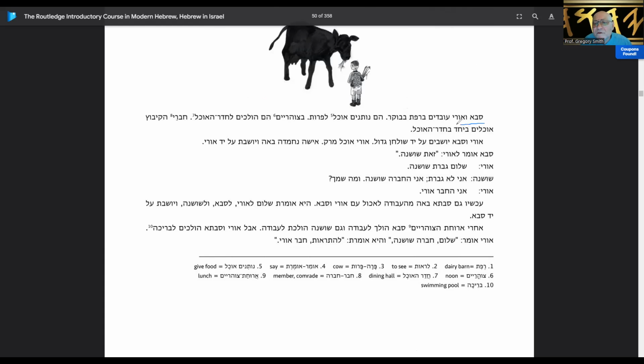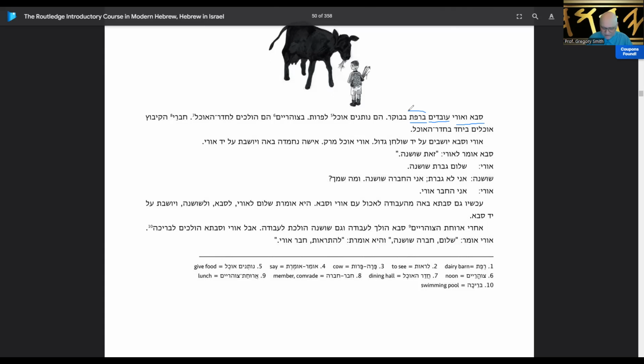So Sava and Ori ovdim, they're working. Now that's that barn one. They're working in the barn in the morning, baboker. I like this program because it introduces me to a lot of new vocabulary.